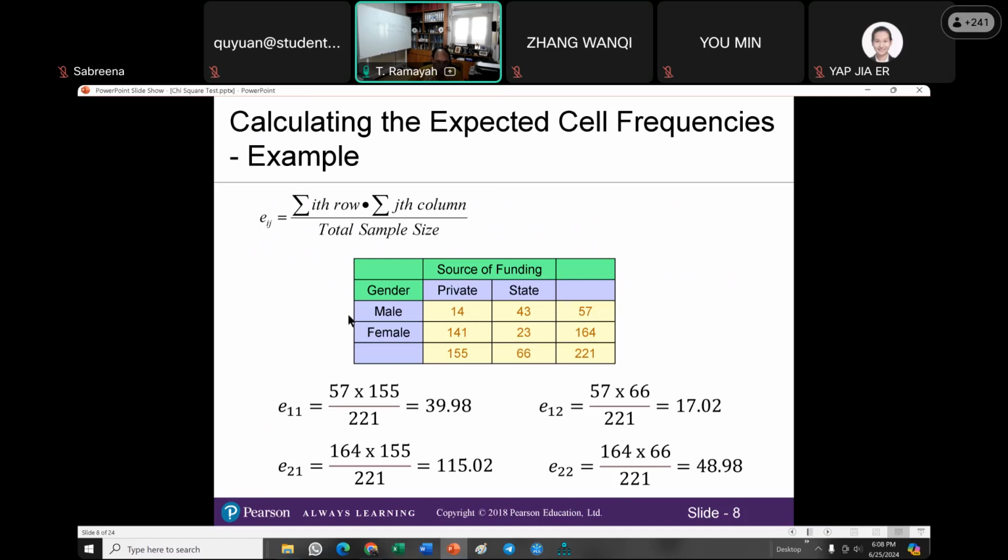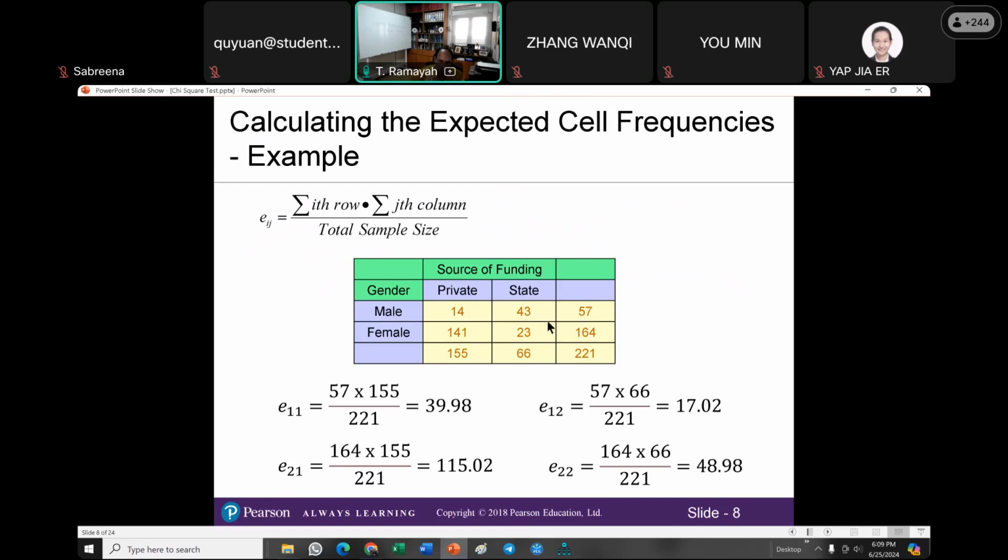What is meant by 14 here is we have 14 male editors who are funded by private funding. We have 141 female editors who have private funding. We have 43 male editors who have state funding and 23 female editors who have state funding. So that is how the table will be derived.